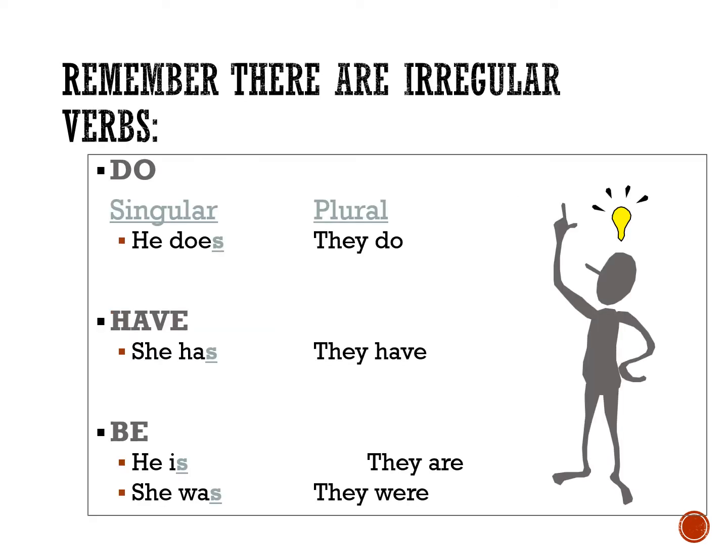Remember, there are irregular verbs. Do. For a singular subject, it's going to be he does. But if the subject is plural, you do not need to put s. So the sentence is going to be they do.